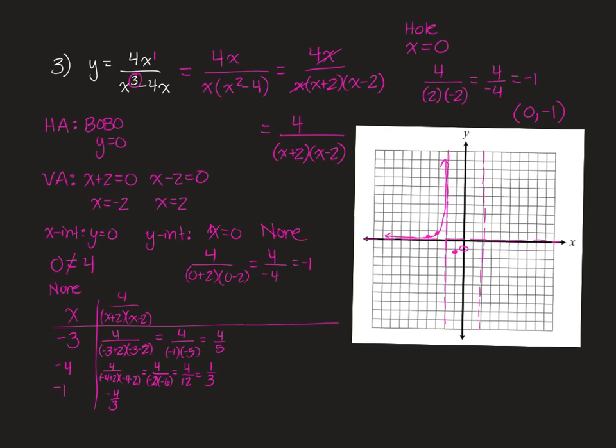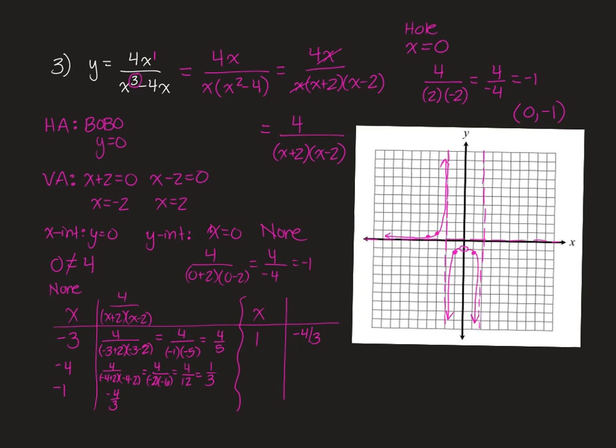I'm going to continue over here, so we'll break up the table here. If I plug in positive 1, again, we want to look in between negative 2 and 2. So if I plug in positive 1, I will again get negative 4/3, which is about right there. So this middle chunk here is going to look like this.